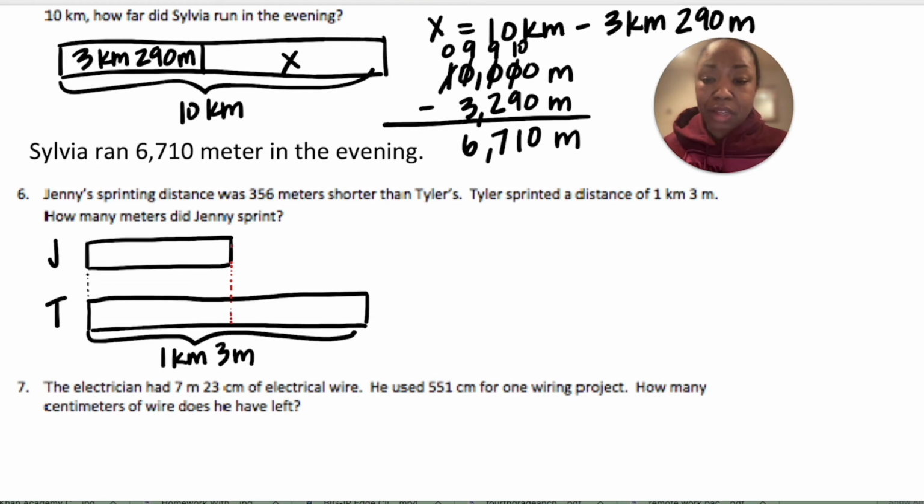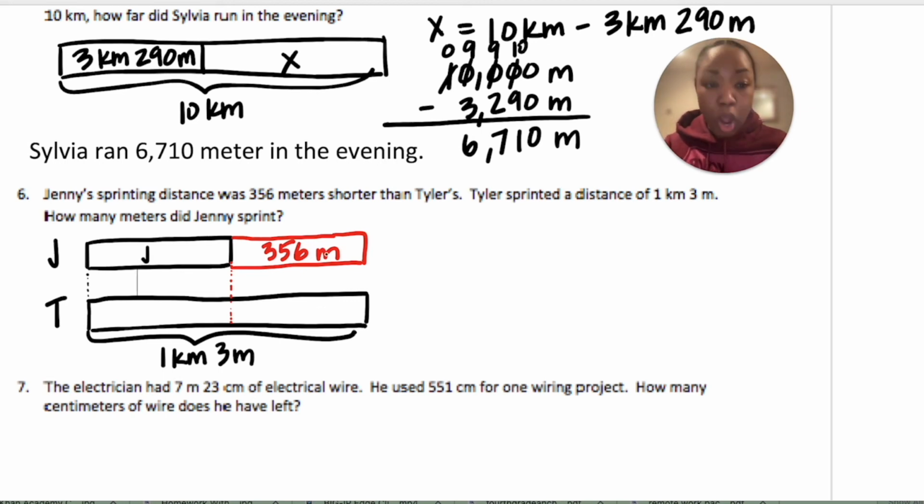Part of Tyler's was however much shorter Jenny's was, which is 356 meters. So here the total is that 1 kilometer, 3 meters, and one part is 356 meters, and the other part we don't know. Let's call it J for Jenny. So in order to get a part, if you know the total, you subtract.